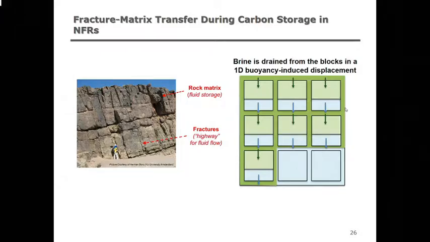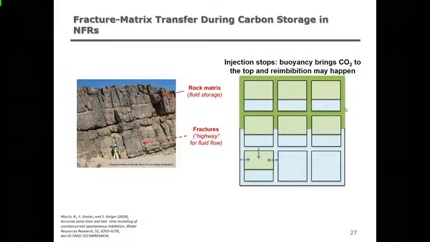So we get a buoyant drive, and that will induce a displacement of the resident brine in the matrix with CO2. And then at some point we will stop the injection, and then buoyancy brings CO2 to the top of the imbibition and to the top of the reservoir, and re-imbibition may happen. So this is then a different physical process.